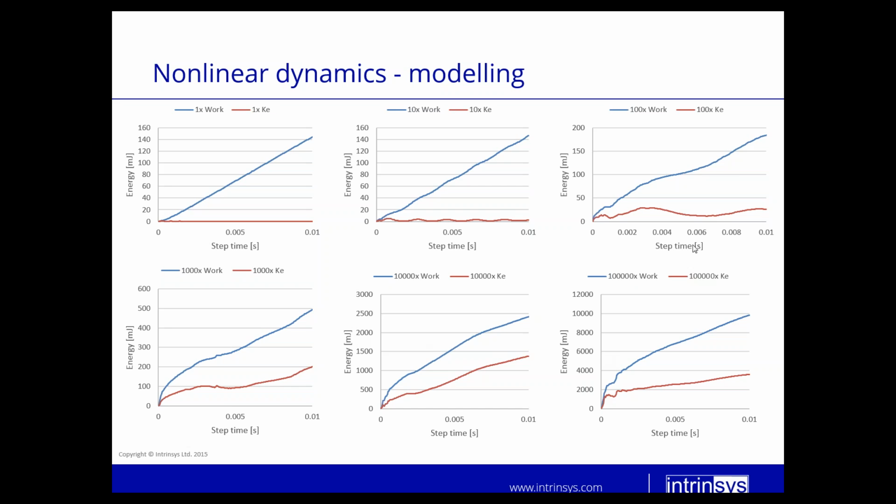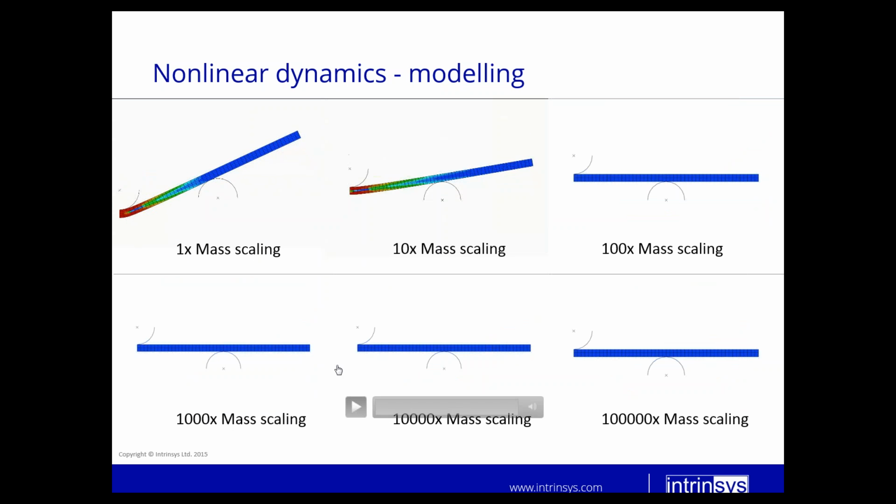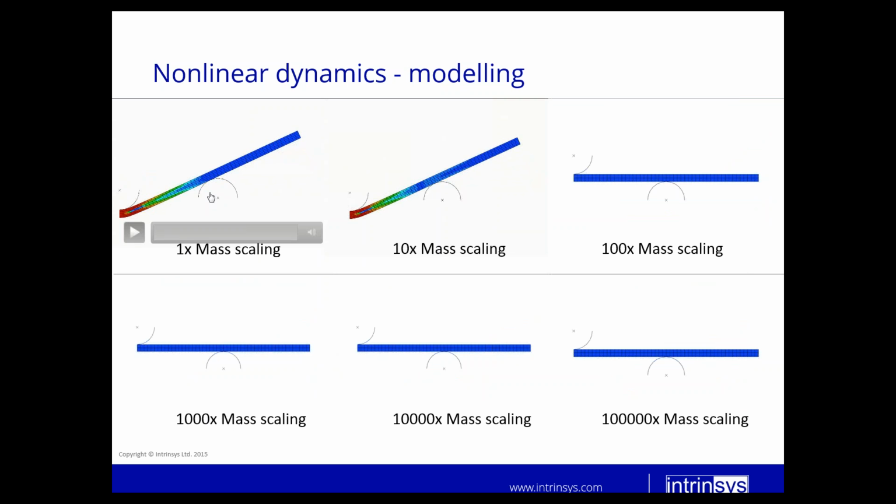100,000 is probably too excessive, but you have to make sure whatever you set, it must not affect your results. So to give you an even better picture, because the graphs are not that clear to see, this is the simulation in real time, then with the 10 times mass scaling. As we can see, there's a slight difference in this region in the results that we are getting. So we are affecting the result. However, what happens here does not really affect the whole behavior of the structure.